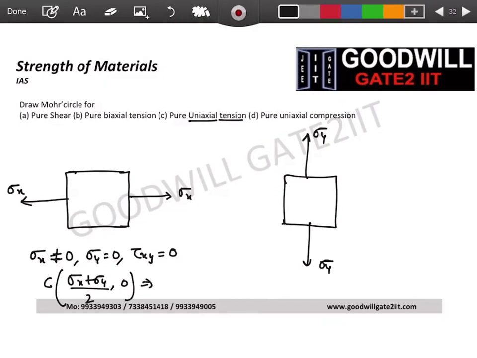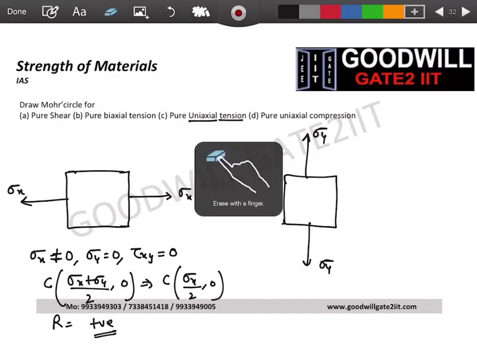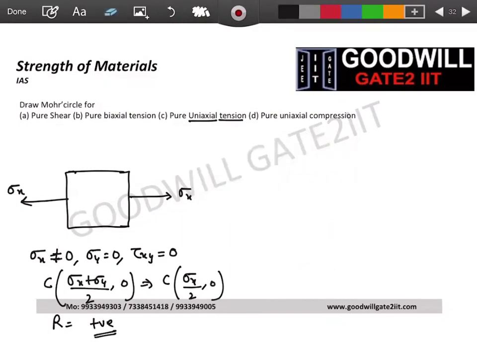So if you agree, the center will be sigma x by 2 comma 0, which is a positive number. Correct? Similarly, radius will also be a positive number. So if you draw the Mohr circle for either first case or second case, I hope you agree that it is on the positive side.